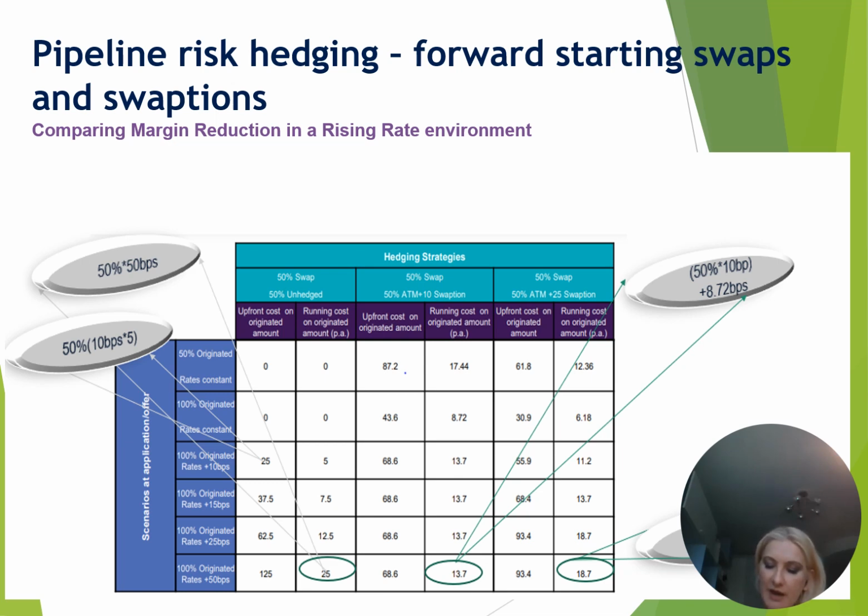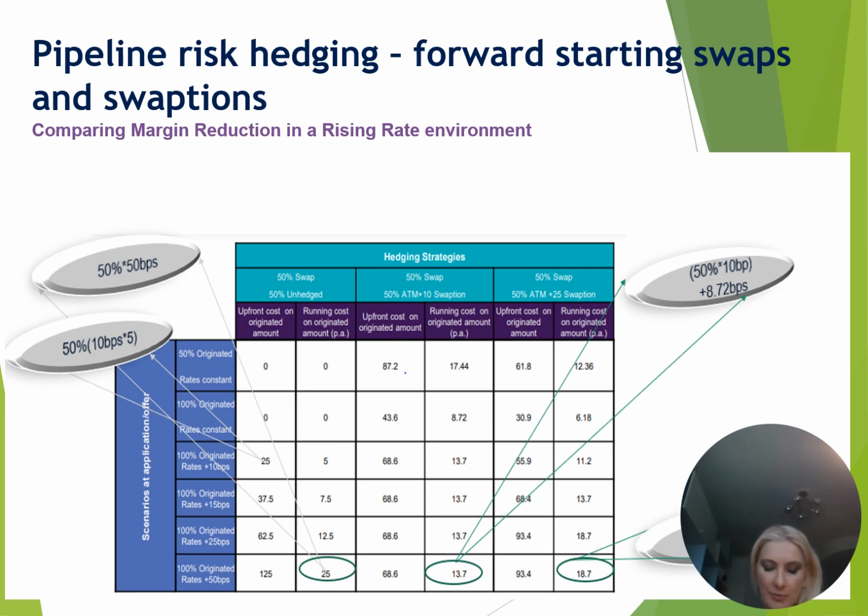In case rates move up by 10 basis points, this is where we need to focus, because this is where all the difficult aspects of hedging through swaption come in. Imagine rates, the 5-year swap rate, move by 10 basis points in this 3 months' time period, because this is the underlying rate for this lending. There is obviously a negative P&L impact of 5 basis points for the unhedged portion of the pipeline, given that only 50% is hedged.